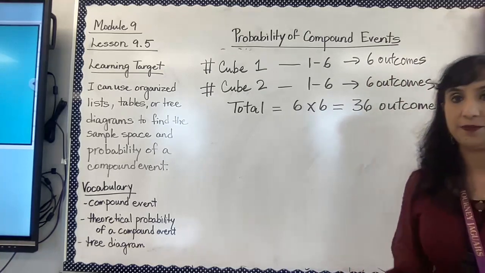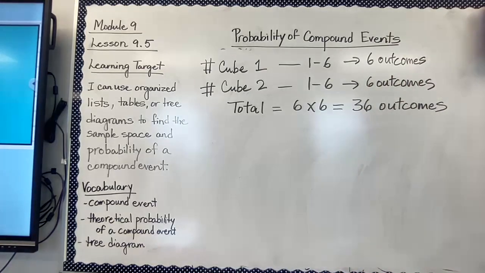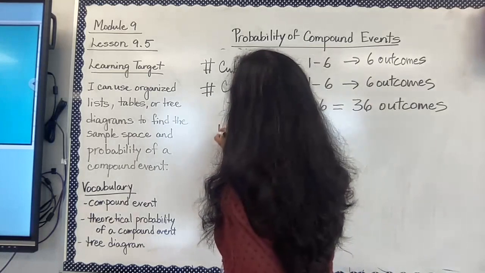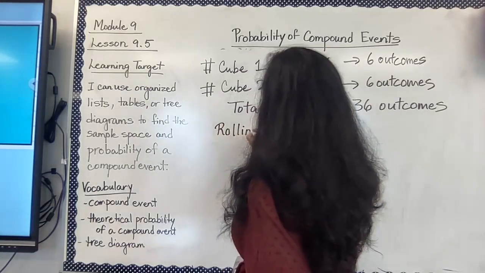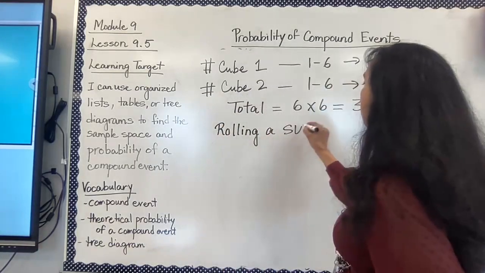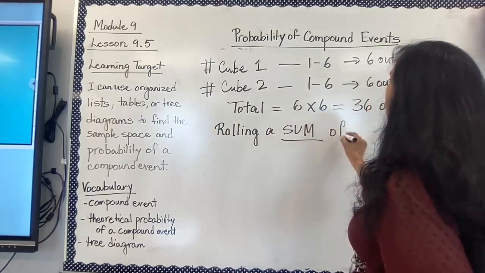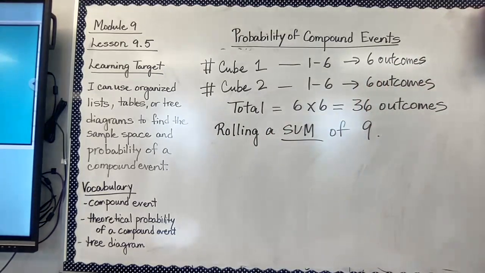That's my total. Okay, now it's saying what is the probability of rolling a sum of 9? Okay, so I'm just going to show you by listing it. I'm going to make a table.